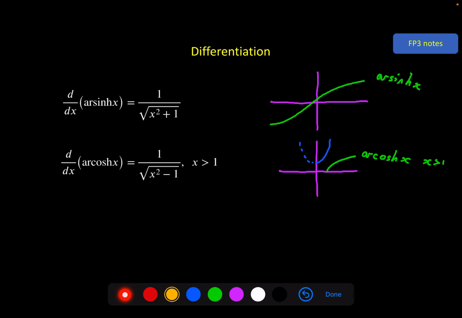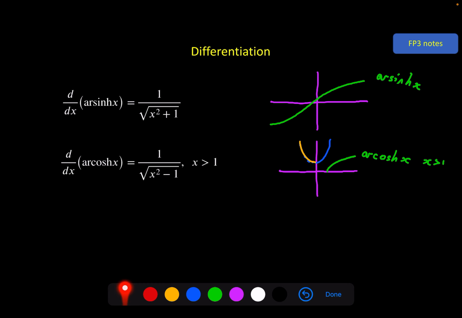Because if I put in yellow this side here, instead of taking the blue branch, instead of taking the positive branch for the 1 to 1 function that we inverted, there was no strict reason why I ignored this and took this. I could ignore this one and take this branch, and that would give me a 1 to 1 function that I would also probably call cosh x.